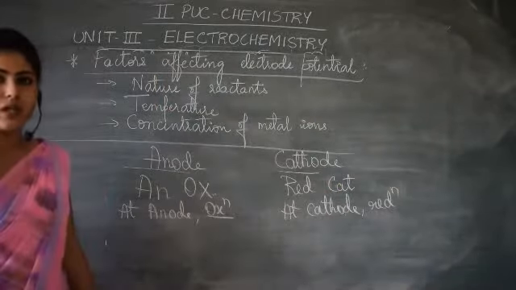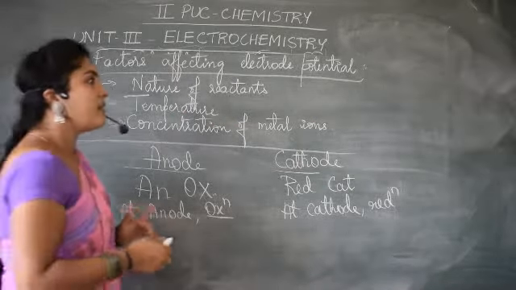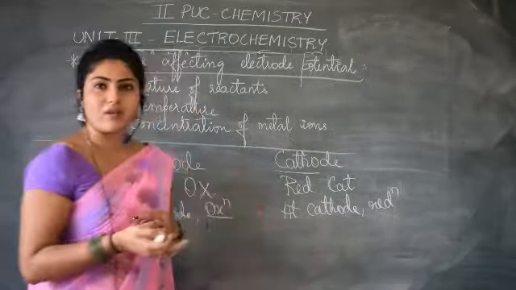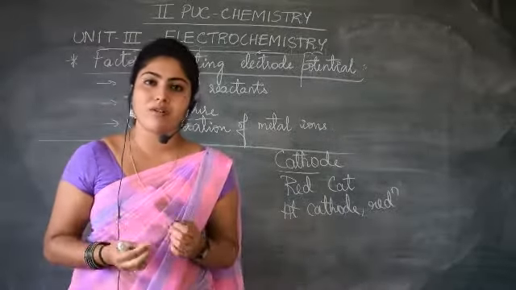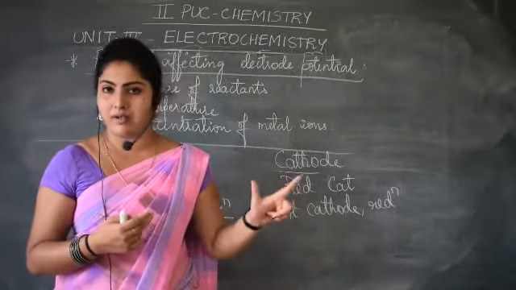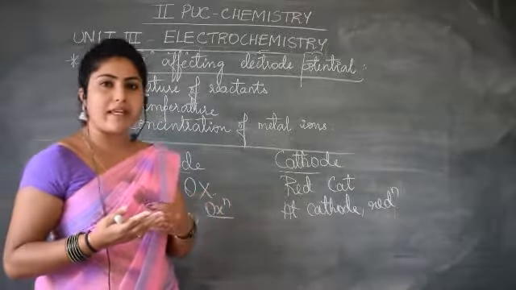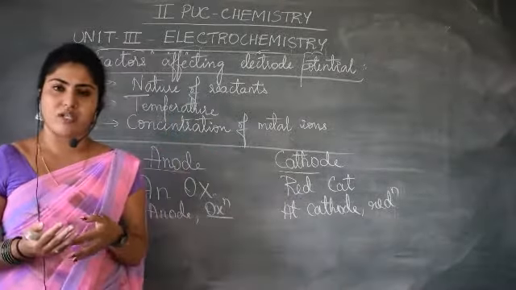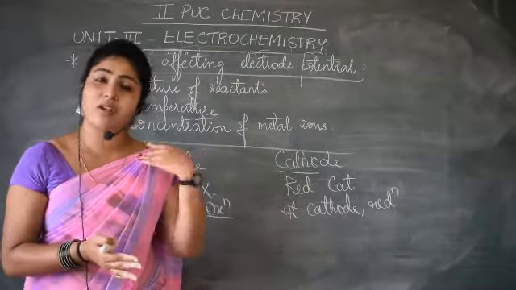Okay. One more point that I might have mentioned is how do you know what is oxidation, what is reduction? This electrochemistry involves these two important reactions called oxidation and reduction. Usually we say oxidation means addition of oxygen or removal of hydrogen. Reduction means addition of hydrogen, removal of oxygen.